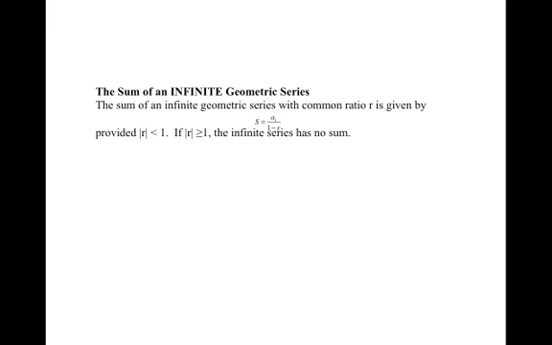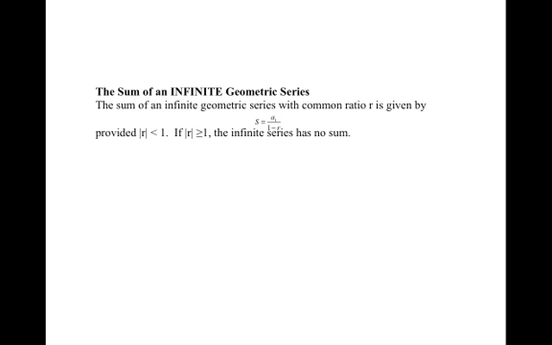All right. Now, here's the cool thing. Remember, with arithmetic series, we're talking about adding, we can find the sums of finite series only. There are cases of geometric series where we can find the infinite sum, which is really cool. It works provided that the common ratio has an absolute value less than 1.